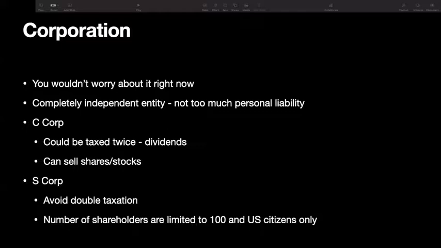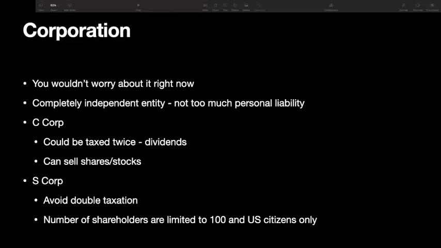Those two taxes come from the profit, and then when you share the profit, it's called dividends, to the shareholders, that one could be taxed. And for the C Corp, you can sell a portion of the company, called shares, in the stock market.